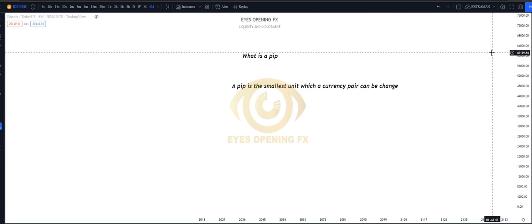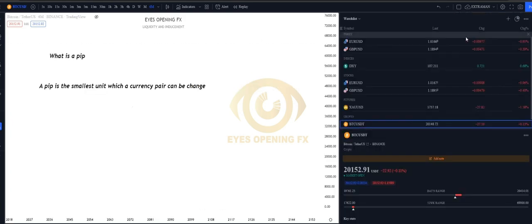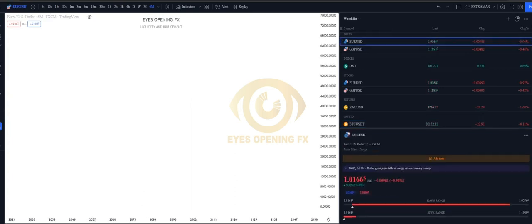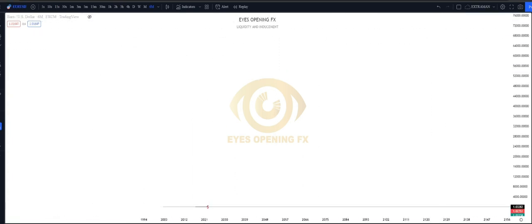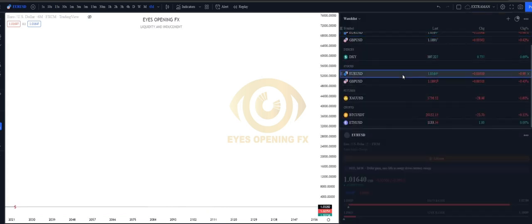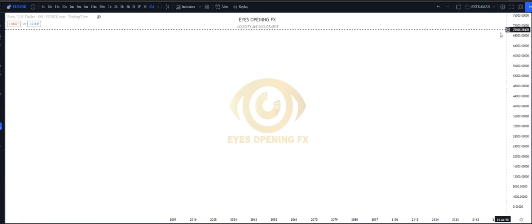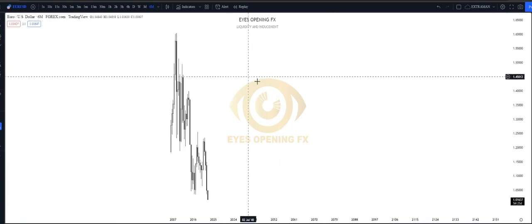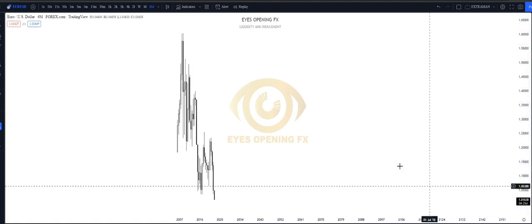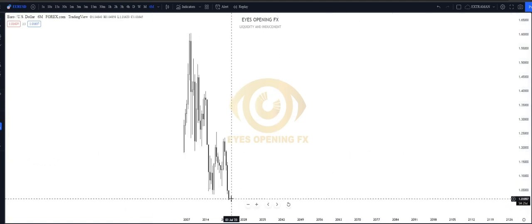If you look at the chart of Euro USD, you understand the exact level of this pair is 1.0162.